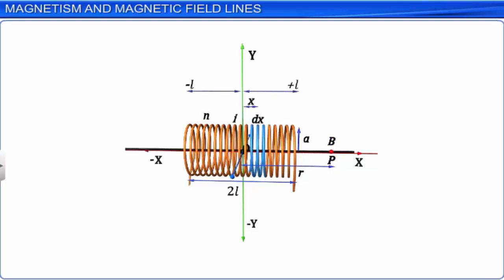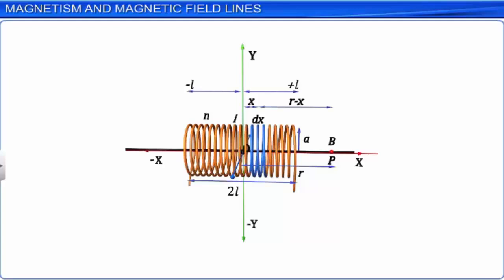Then the distance of the point P from the small element of the solenoid is r minus x. As n is the number of turns per unit length, the number of turns in the small element of the solenoid is equal to number of turns per unit length into length of the small element of the solenoid. That is equal to n dx.